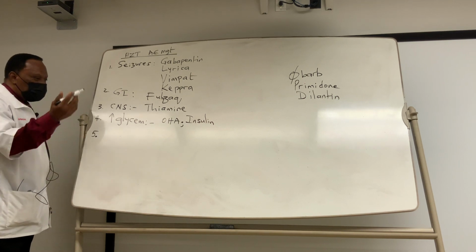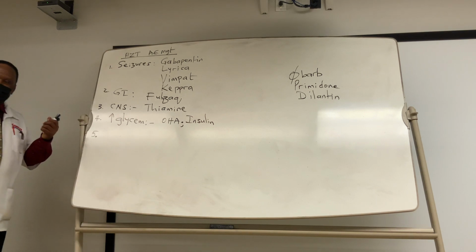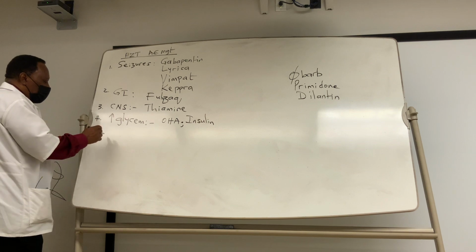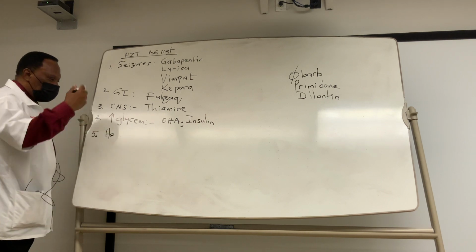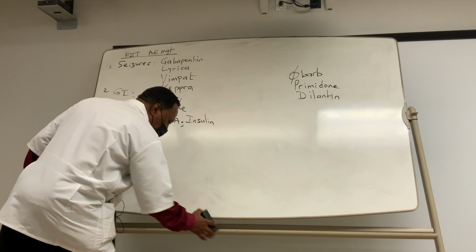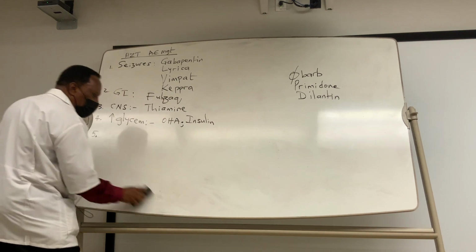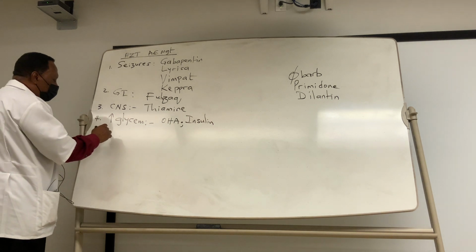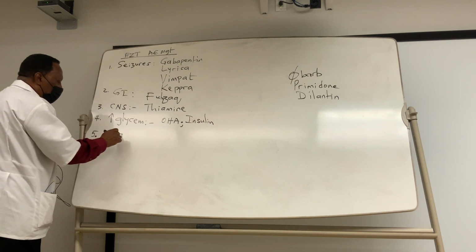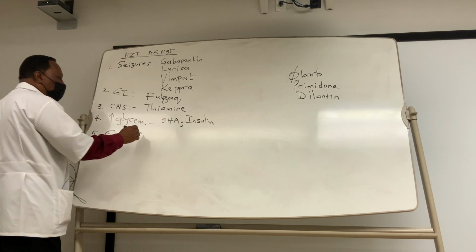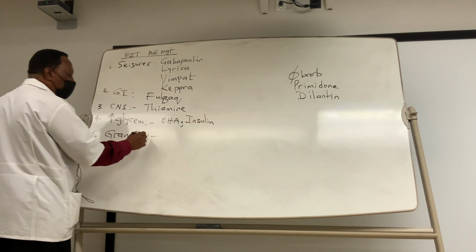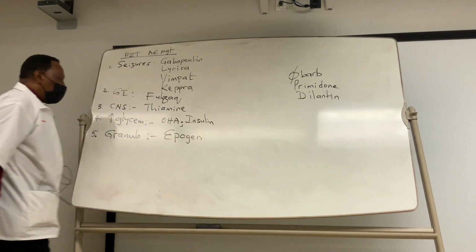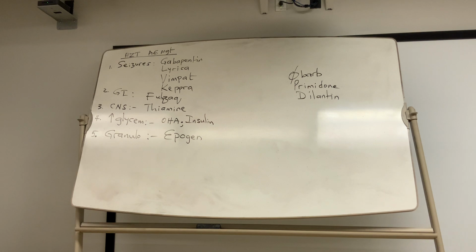If it produces the hematologic adverse effect, that is your neutropenia, that granulocytopenia or neutropenia, you can use erythropoietin. You can use Epogen.